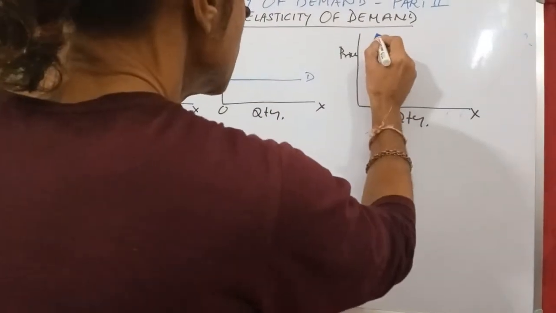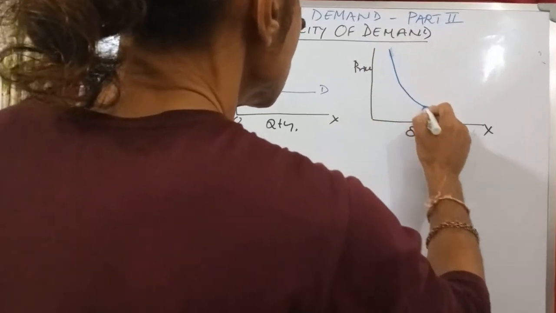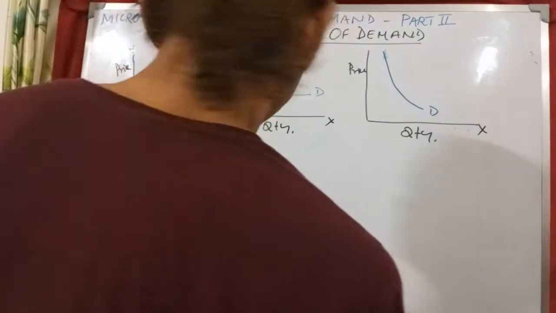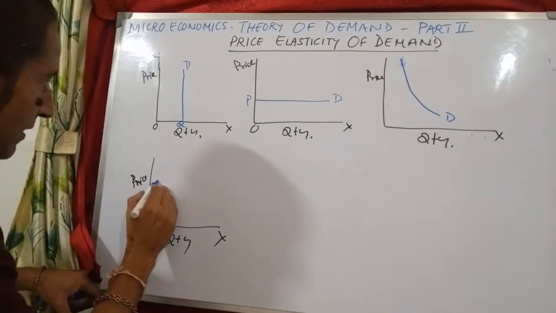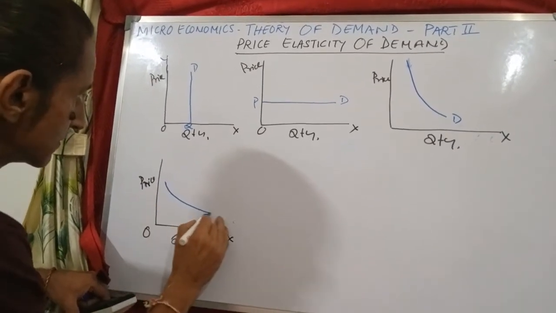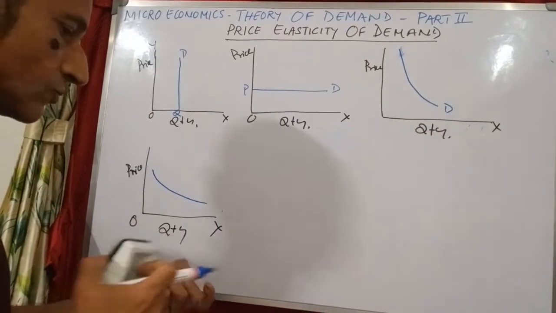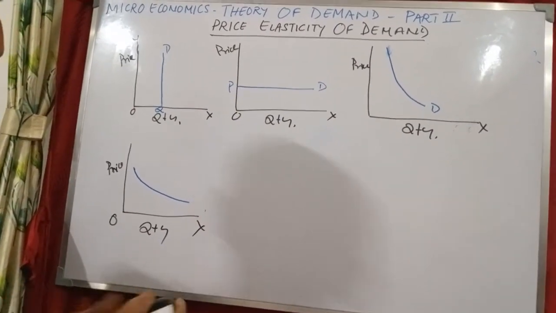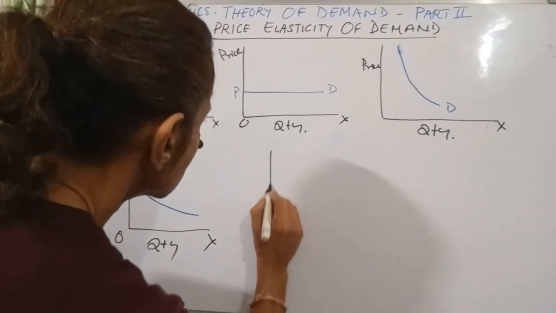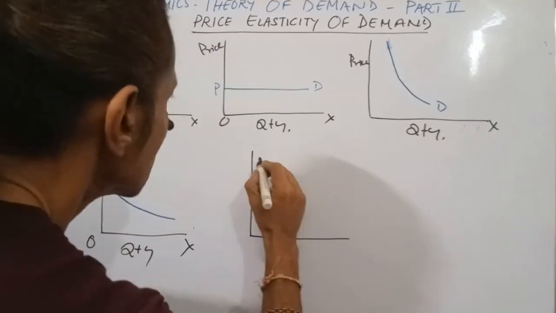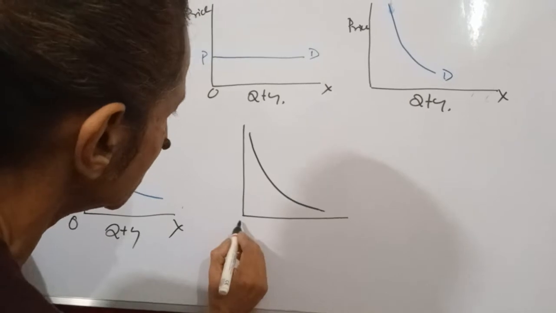In this diagram, consider a steep demand curve. And here consider a flat demand curve. And on the last one, consider a rectangular hyperbola type of demand curve.